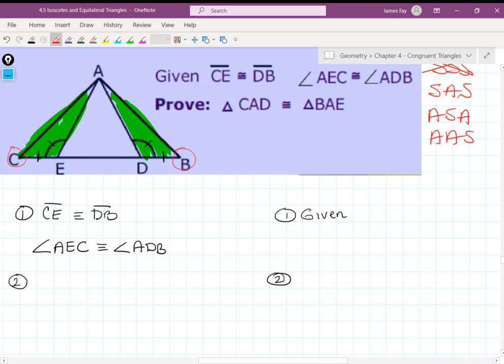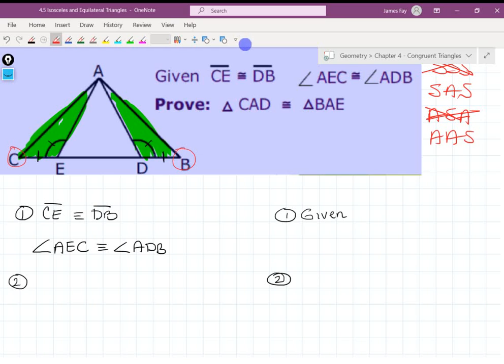So angle, side, angle is not going to be an option. It's not isosceles. You don't know it to be isosceles, right? And that's what they do on purpose. They make them look like they're isosceles, but you don't know that yet. So you can't say one way or the other, okay?